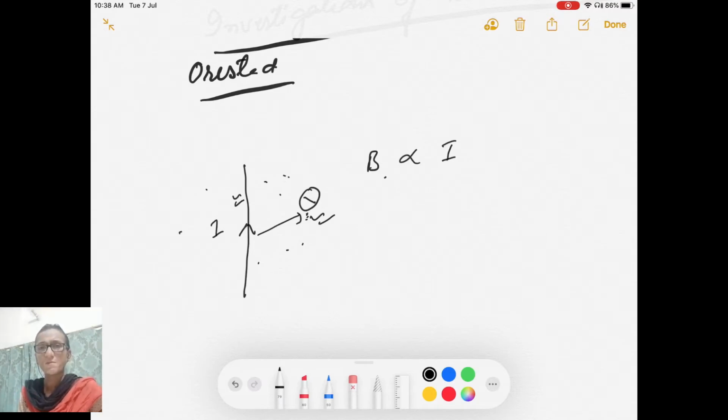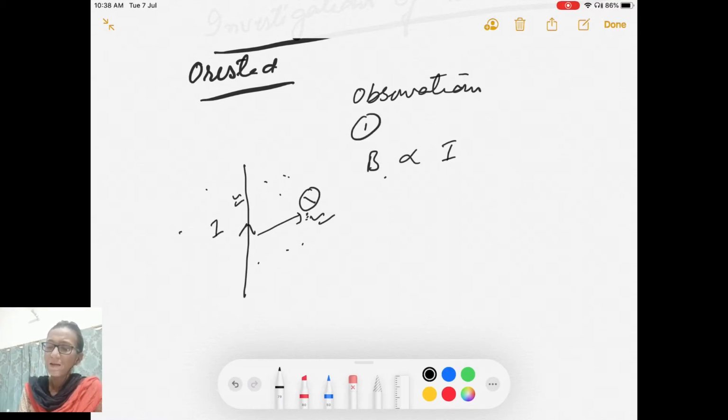That is one thing he observed. The second thing he observed is that when he took the compass needle far away, the amount of deflection was reduced.